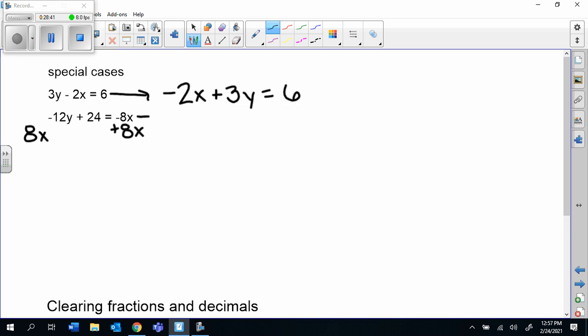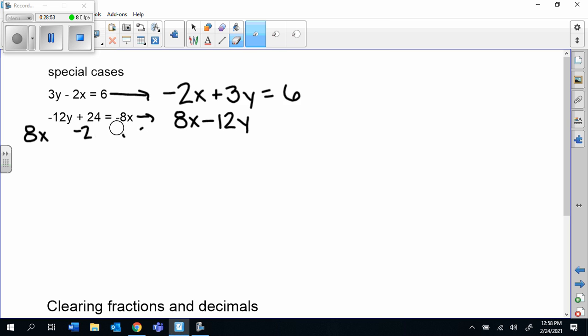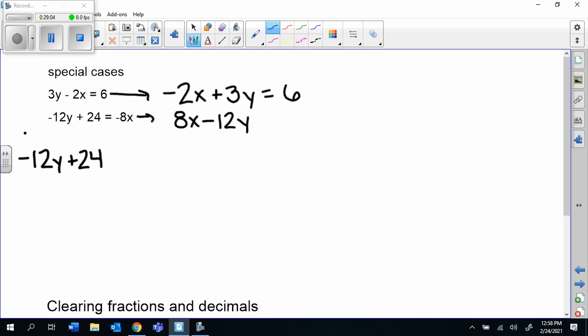So this one's going to become a positive 8x minus 12y. And then this is plus 24, so I've got to jump it over. Let me slow down. I don't want to lose anybody. That's not my goal here. So negative 12y plus 24 equals minus 8x.